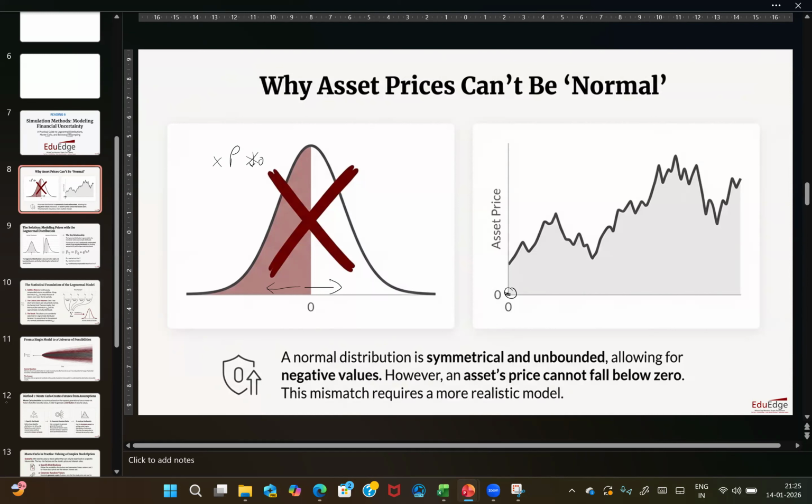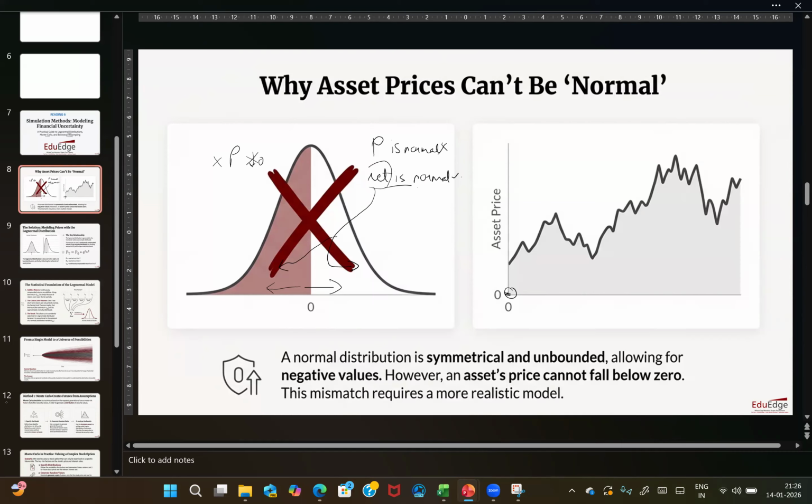So then we need to hunt for a distribution which can be used for modeling purposes, which can probably model asset price. So instead of saying that price is normally distributed, which is not possible, let's assume that return is normally distributed. If we say that, theoretically it makes sense because there could be values above zero, there could be values below zero.